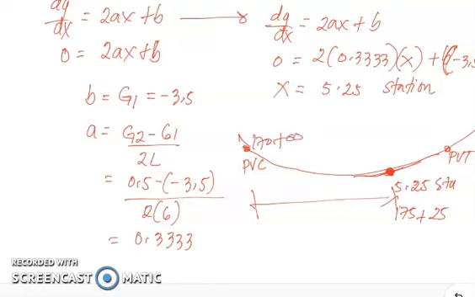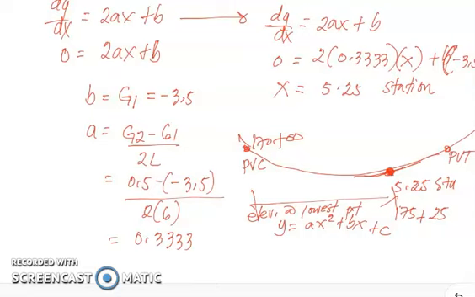Now we are going to compute the elevation of this lowest point. We make use of the equation y is equal to ax squared plus bx plus c, where y is the elevation of the lowest point, having a distance of 5.25 stations from PVC.